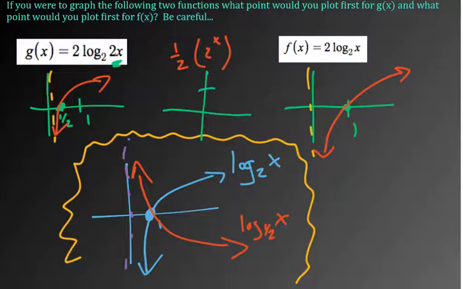But this 1/2 acts as a vertical compression, so it actually would be here at 1/2. And so it's a growth one, so it's going to kind of just do that. But those kind of scaling, whether they're outside or inside, those kind of things can definitely be pretty tricky.